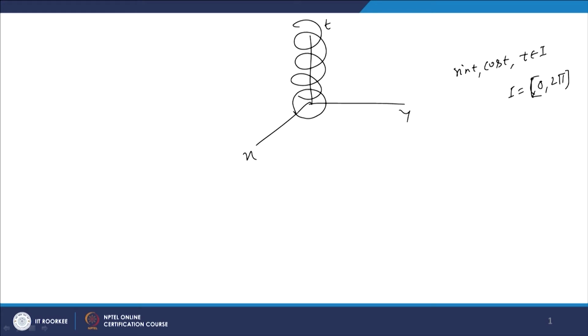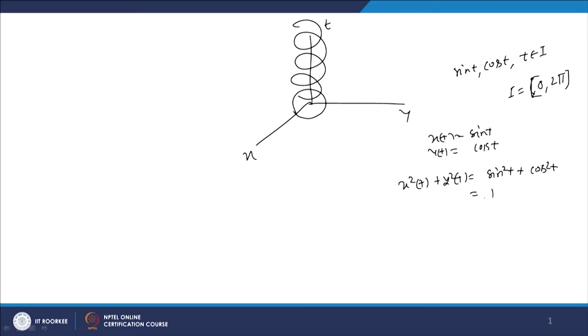Here, since we have x(t) = sin t and y(t) = cos t, we can simply say that x²(t) + y²(t) is nothing but sin²t + cos²t, and this comes out to be 1.